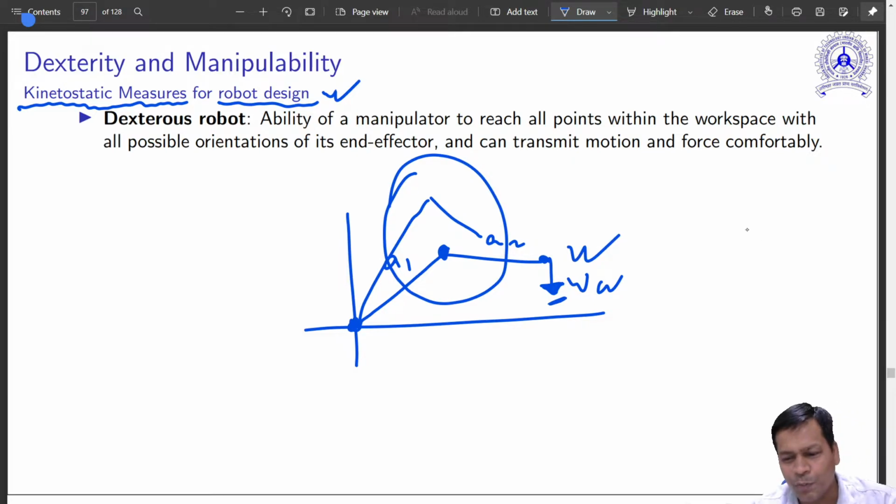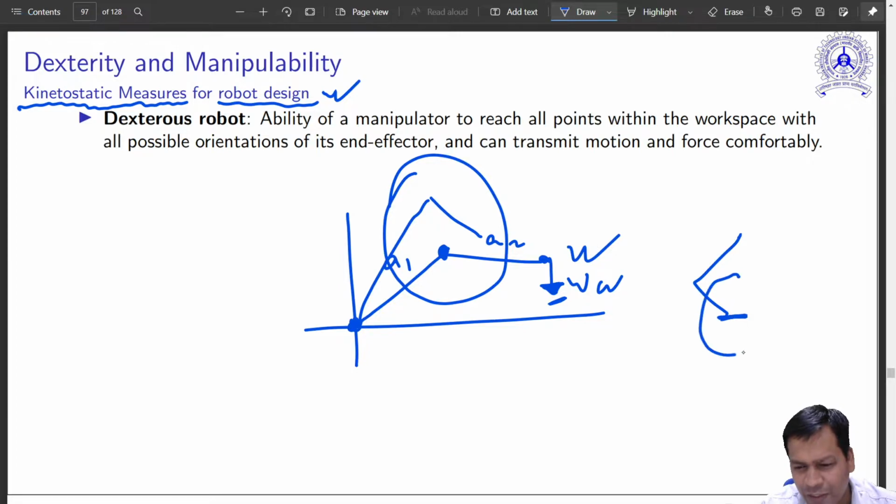Again, you must have seen when you do cycling, you prefer to keep your pedal somewhere in the region which is like this. Maximum amount of time you spend is somewhere within this region.